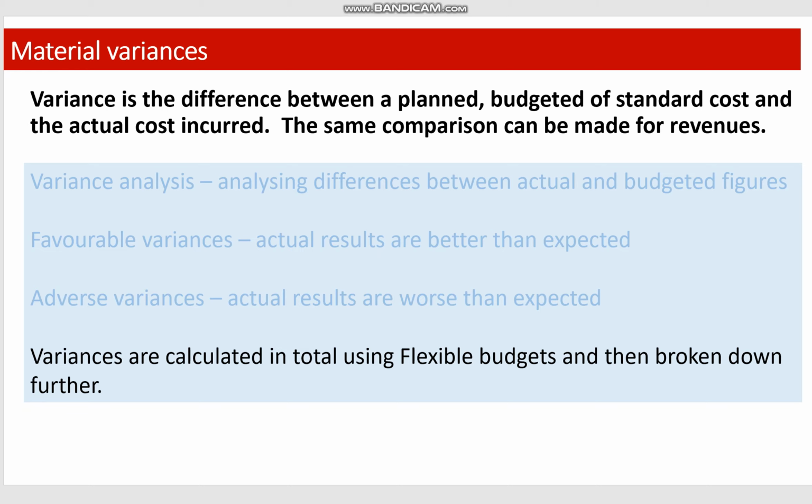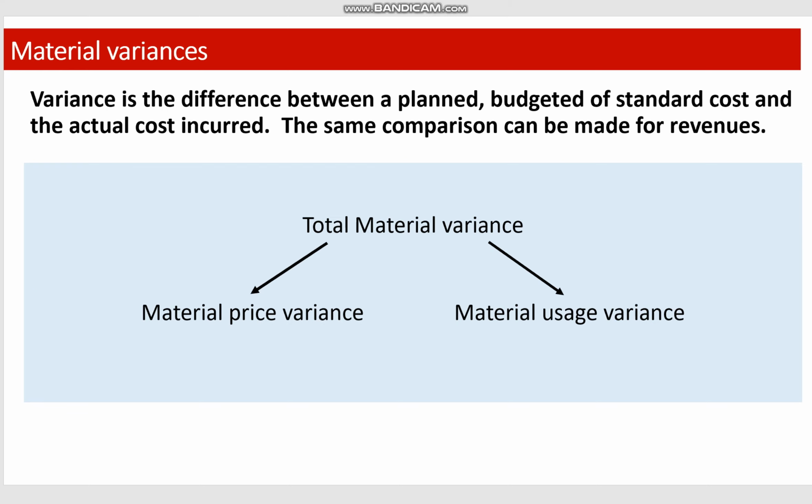That is very important to remember. So total material variance, as we discussed before, will be divided into material price variance and material usage variance. Material usage variance, you can also call it materials quantity variance. So quantity or usage are the same thing.